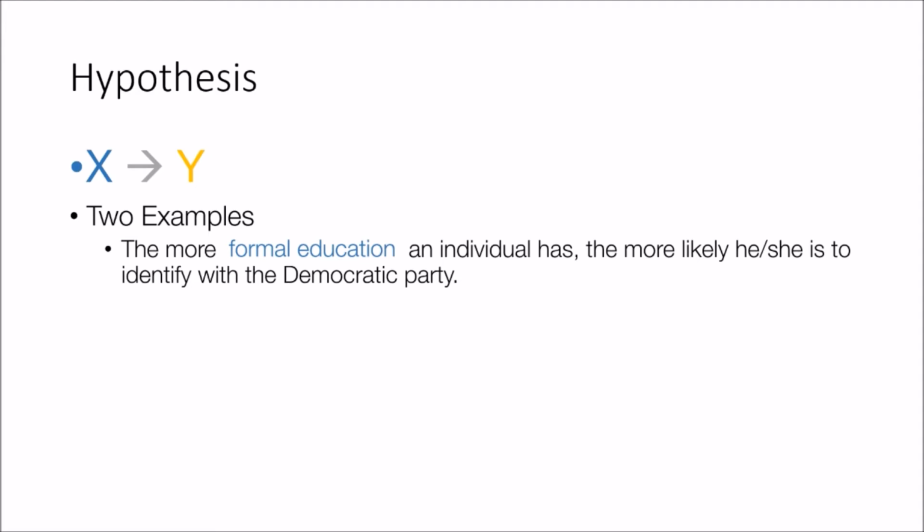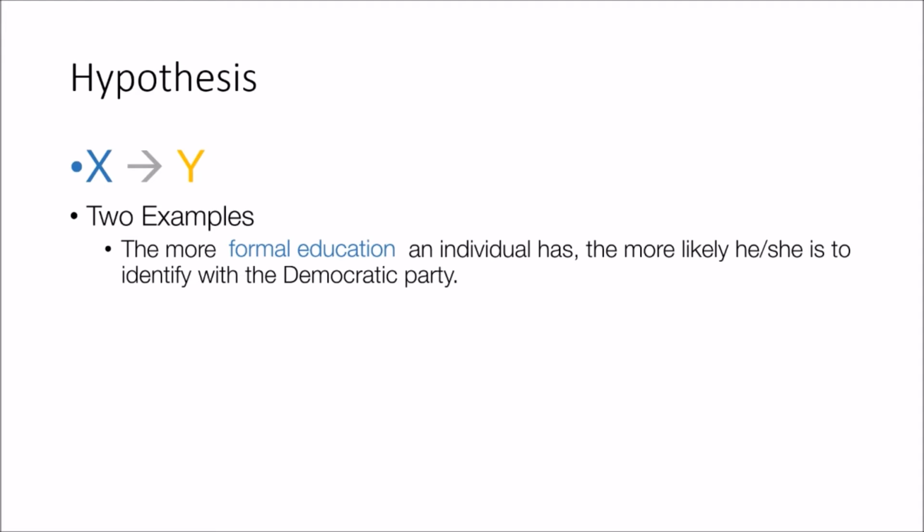We can't do that, so we have to compare different groups of people across the population. So we are quote-unquote changing formal education, but what we're doing is just measuring different people with different levels of education and seeing how they differ. So this formal education is our independent variable.